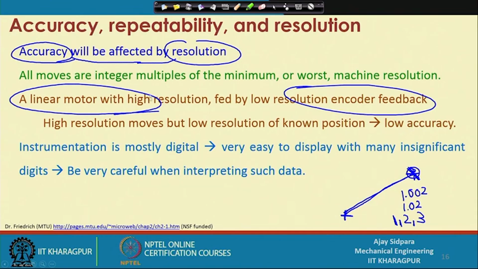So, we have seen in that encoder instrumentation that we can actually give many types of digits. When you see that encoder design or that controller part, in the controller screen we have seen x, y and z, it was giving 0.0001, and this was also giving 0.001, and that is also the same thing.